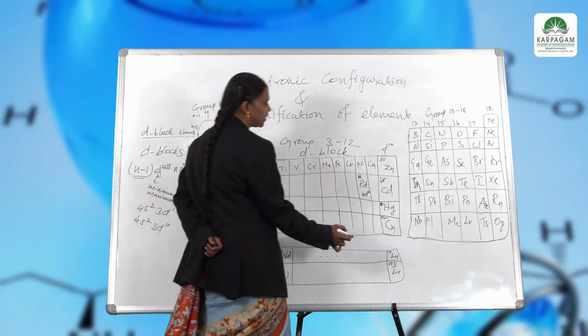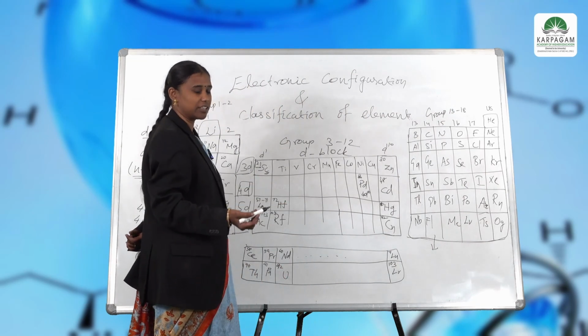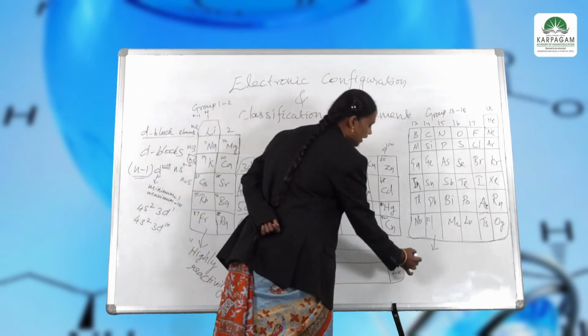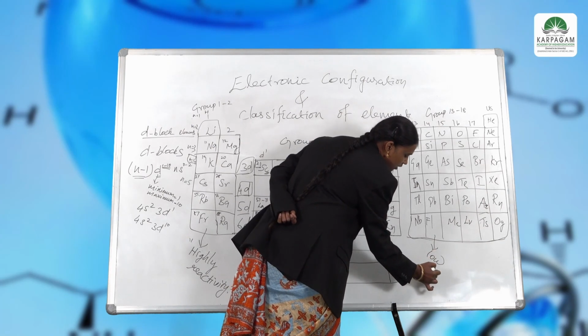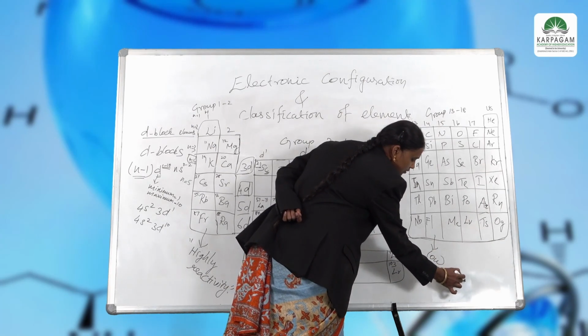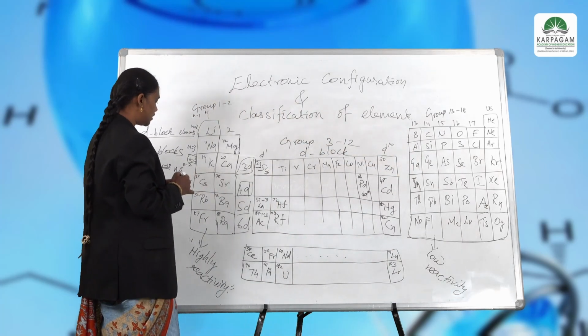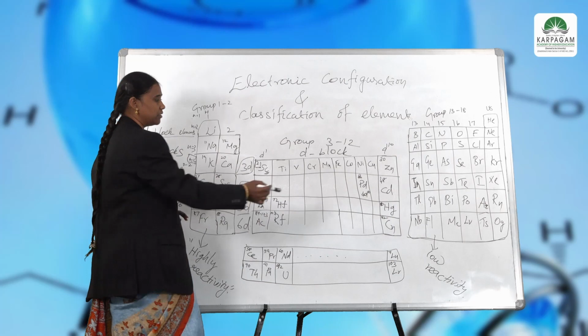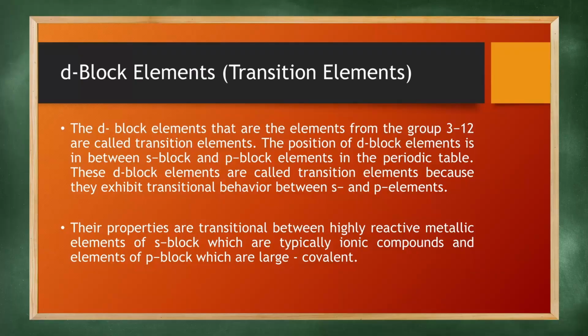Already we saw that the p block elements contain metals, non-metals and metalloids, so their reactivity is comparatively low. So the d block is the connecting bridge between these highly reactive metals and less reactive metals. That is why the d block is called the transition series.